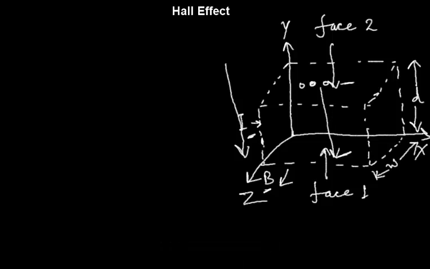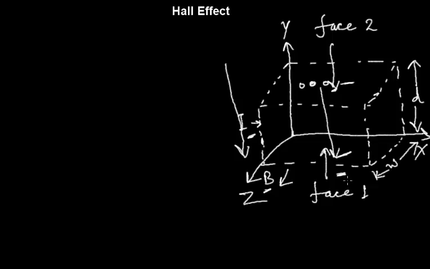Now, if the charge carriers are electrons, then phase 1 will have more electrons because electrons are moving towards phase 1 from phase 2. So phase 1 will have more electrons and it will acquire negative charge.